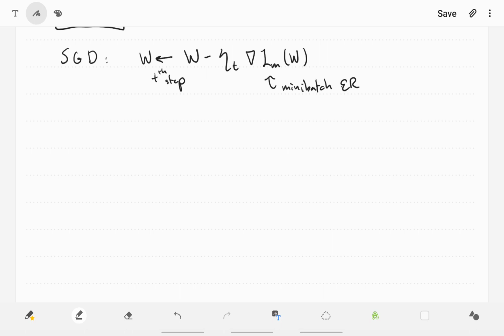Instead, we will rely on, for example, other modifications to SGD, which are intended to deal with specific scenarios that are quite common in deep neural nets. So one of these scenarios is a situation where you might have some descent direction in your objective.